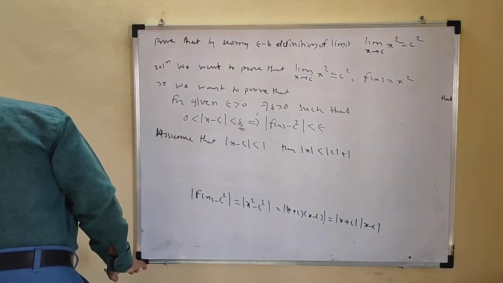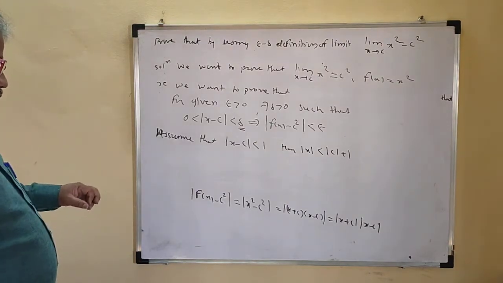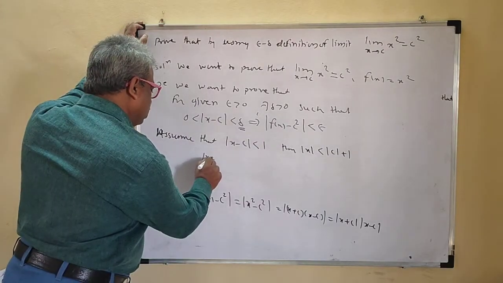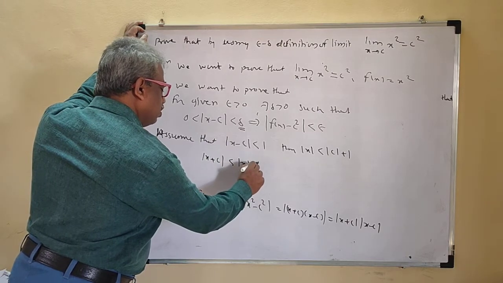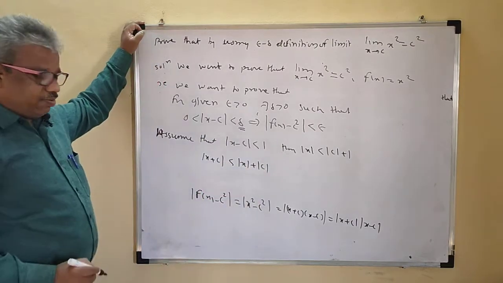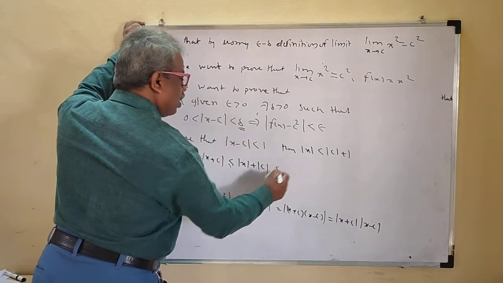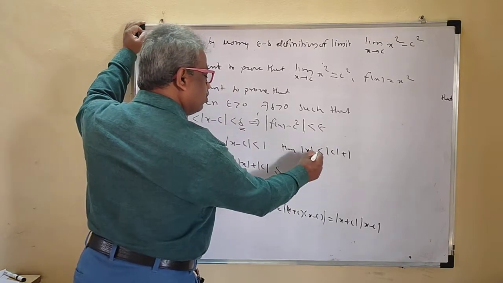Mod of x plus c is less than or equal to mod x plus mod c by the triangle inequality. Strictly less than or less than or equal to, it doesn't matter.